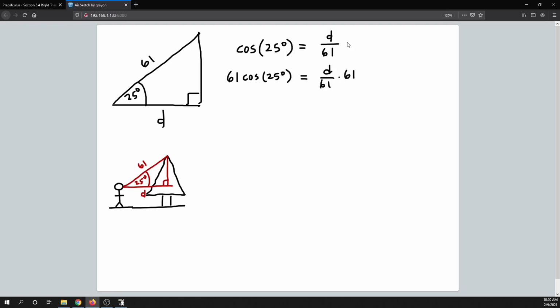All right, and then cancel out the 61s over on the right-hand side. All right, and we've solved for d here.